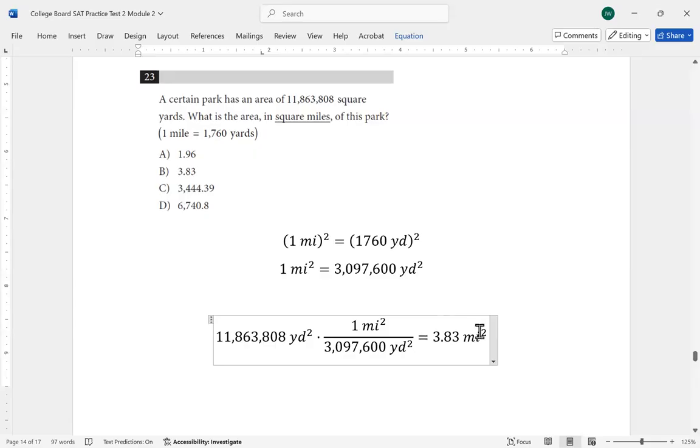And so the answer to question 23 is option B, which is 3.83 square miles. That's how many square miles are in the park, which has 11,863,808 square yards.